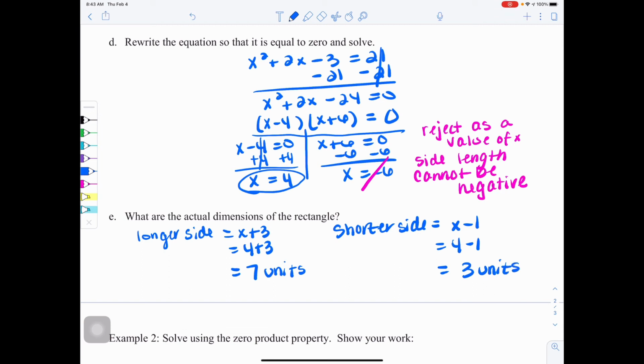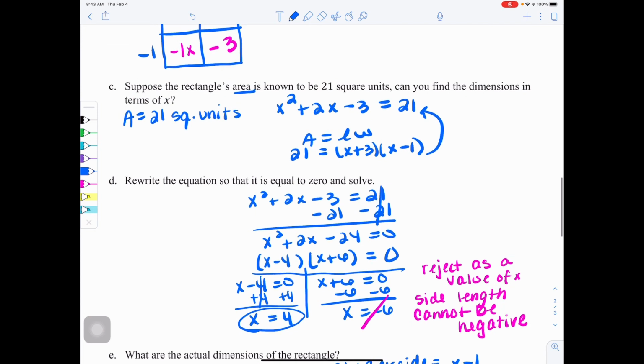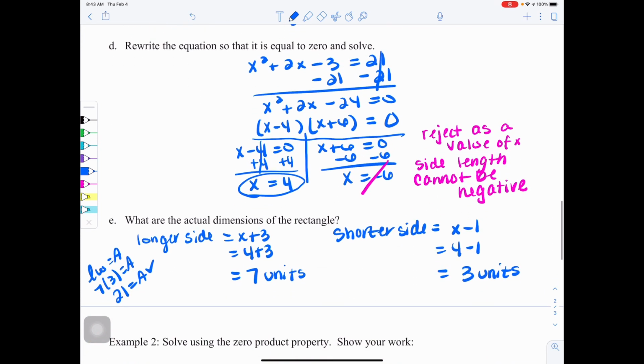Now you can do a quick check of that. If those are my dimensions, the area is equal to length times width, so I would have 7 times 3 equals my area, which means my area is 21, and they did say up above in part C that the area was 21. So we have done it correctly.